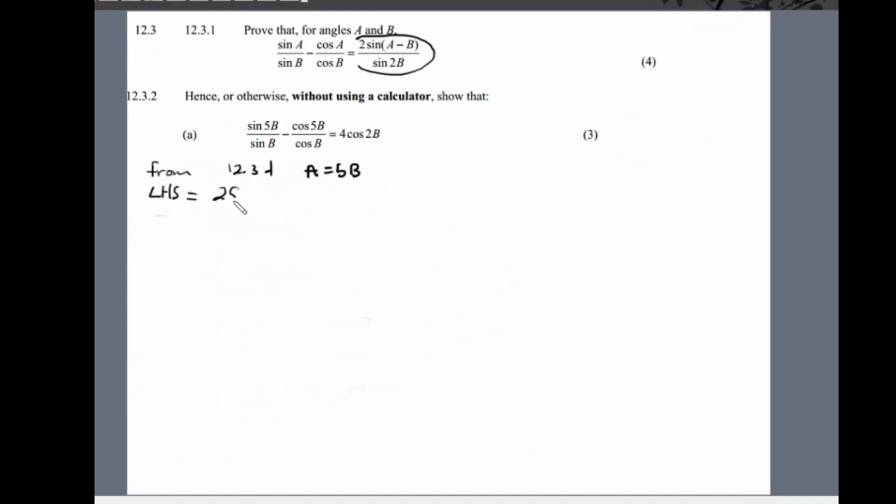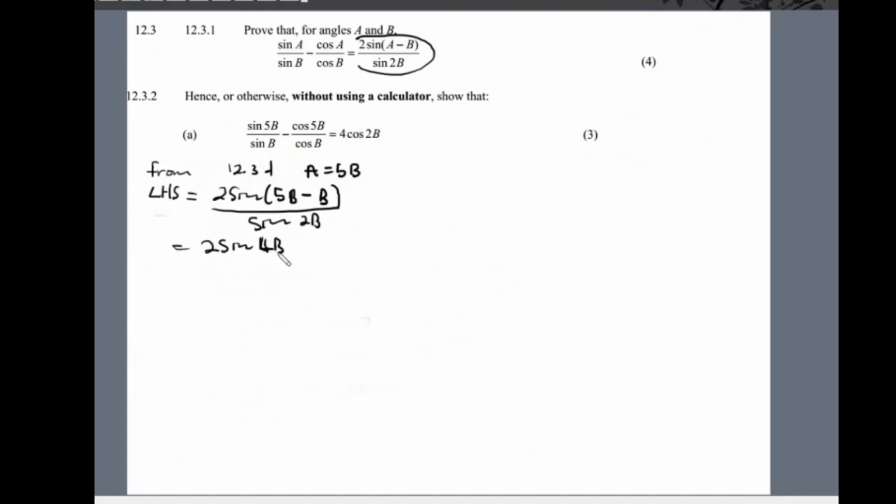2 sine 5B minus B, right? Because in place of A we have 5B, right? Divided by sine 2B, right? And then 5B minus B is just 4B, so the numerator will have sine 4B.